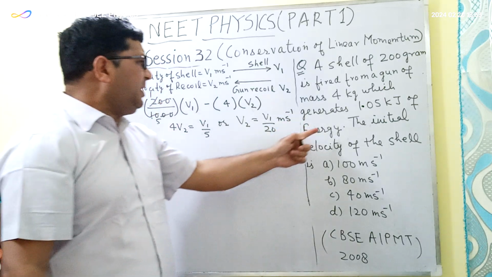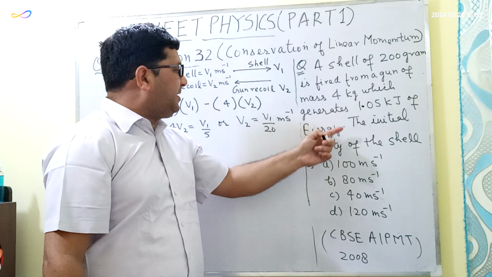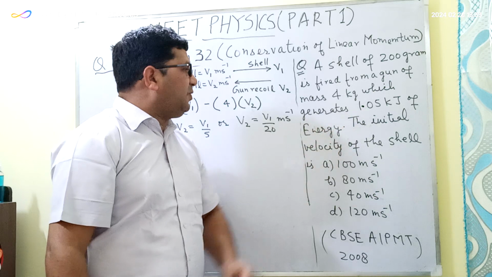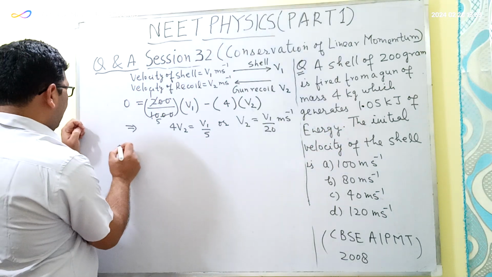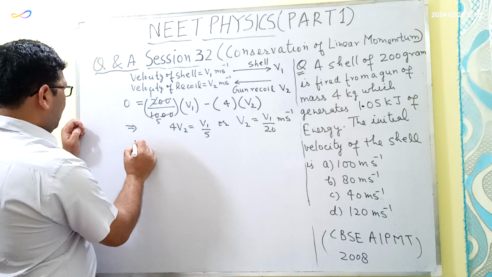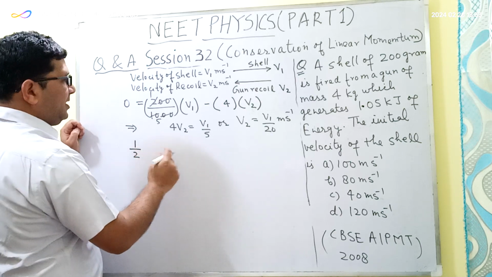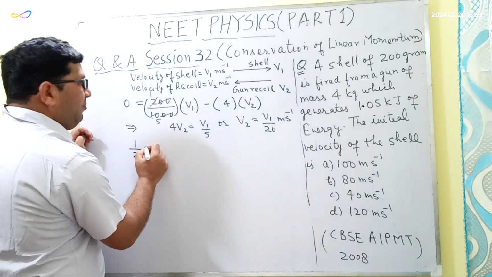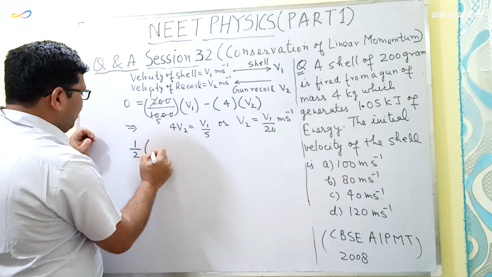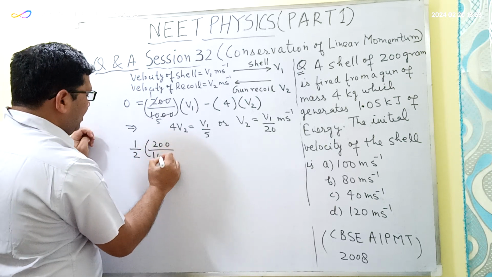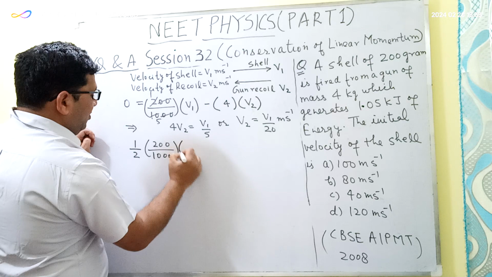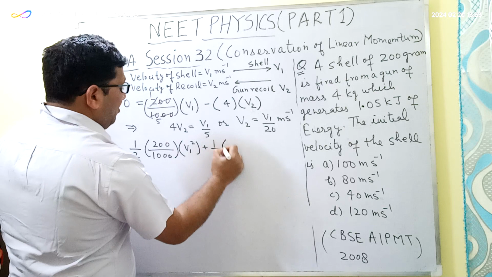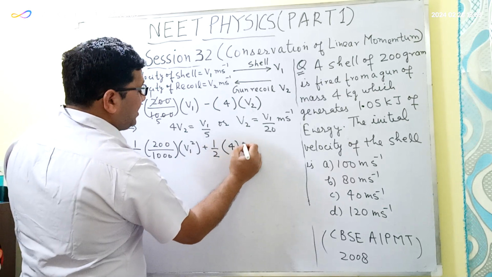Now the total energy generated due to this firing is equal to 1.05 kilojoules. So I will be getting another equation. The kinetic energy associated with this shell will be equal to half mv square, where m is the mass, which is 200 grams, and I will be converting it into kg. So half m V1 square plus half the mass of the gun, which is 4 kg, into V2 square.